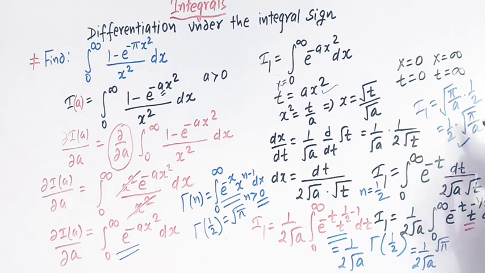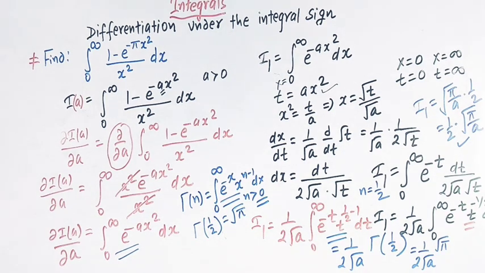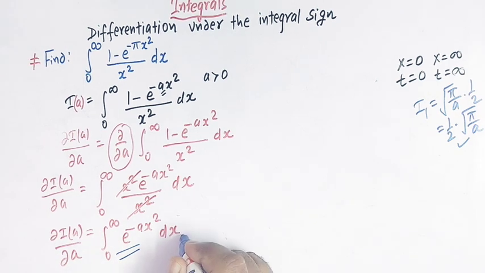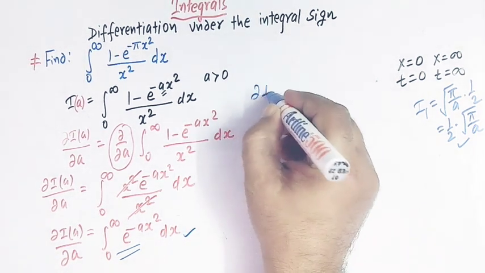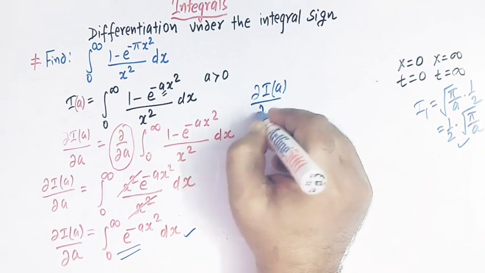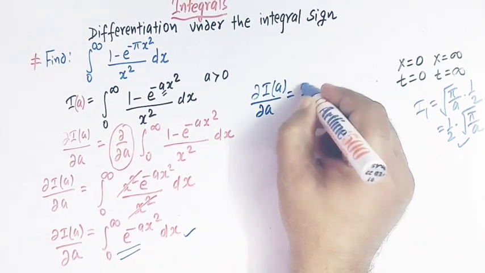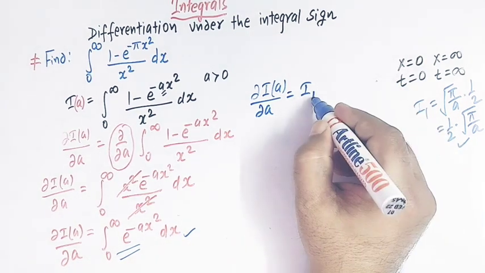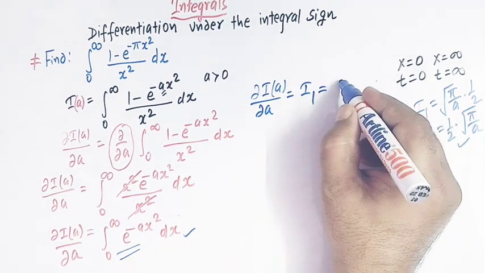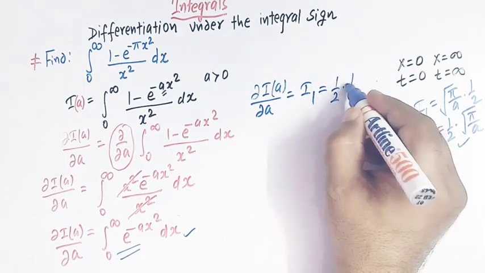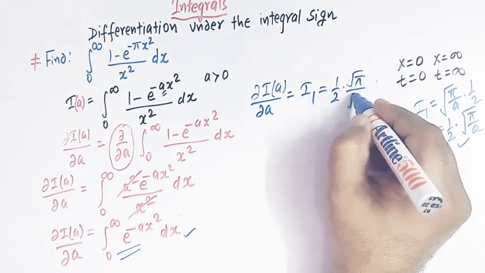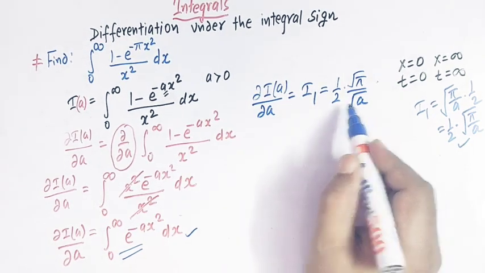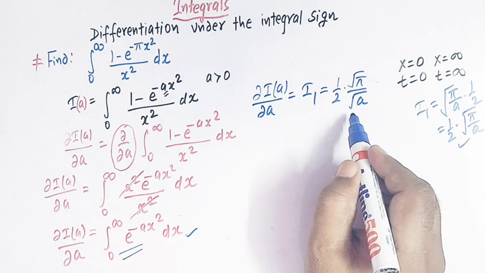So viewers, now we can write this equation as del I over del A is equal to I1, because this integral was assumed as I1, and I1 is equal to half times square root of pi over square root of A. So now we have a differential equation of first order.